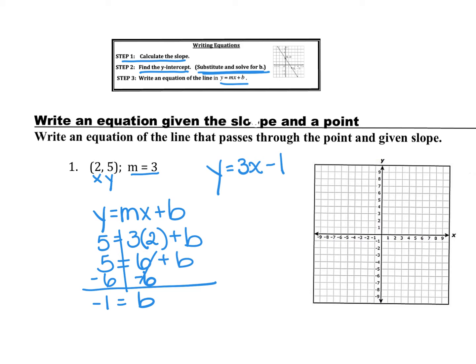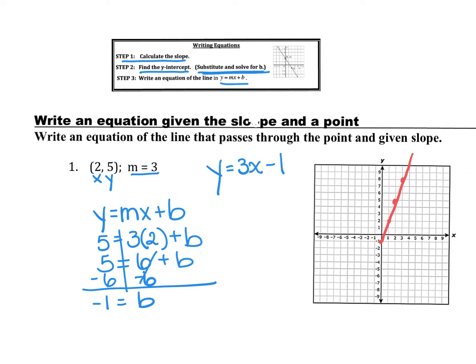I'd like to take just a minute to show you what this looks like on the graph with the information that you were given. You don't have this in your notes packet, but I would like to show you what it is that we just did. So what we were given is a point (2, 5), and that's right there. We're also given a slope of 3. From any point that has been plotted, not just the y-intercept, but any point that's on the line, you should be able to take the slope and graph it.